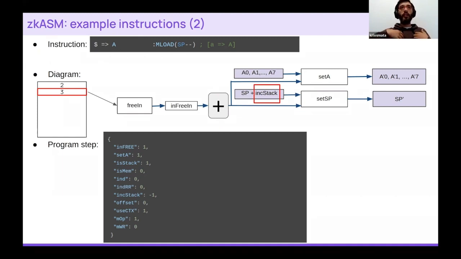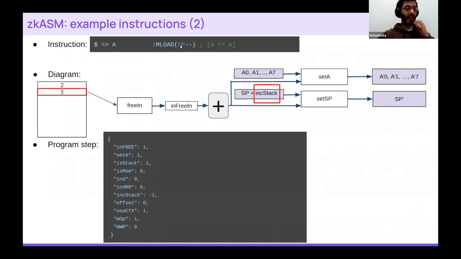Okay. Now we are loading this intermediate value into A. So we have the flag set A set to 1, and this value will be loaded in the A register. This is what this instruction does. It takes one value from the stack and loads it in register A. Also, at the same time, we are decreasing the stack pointer.